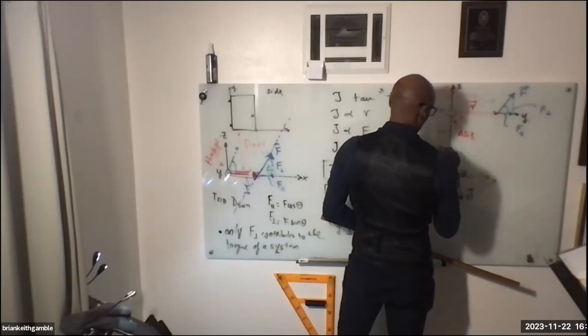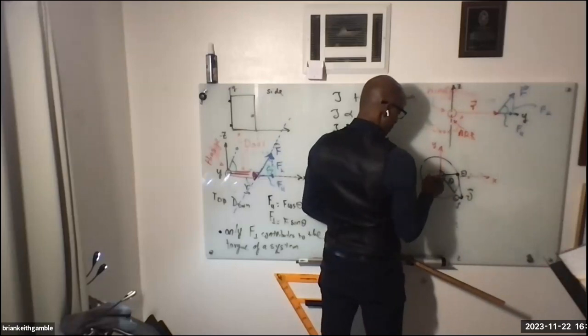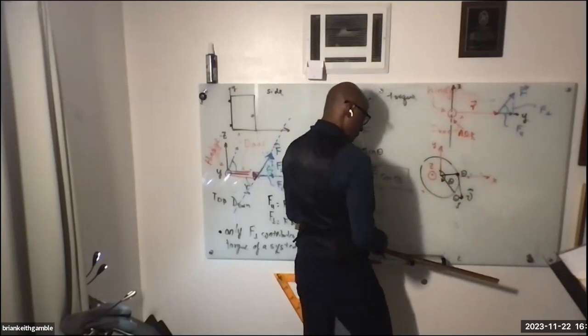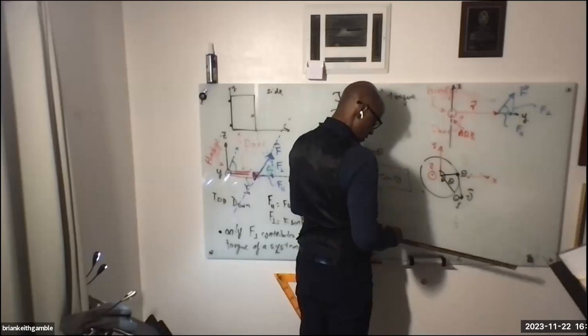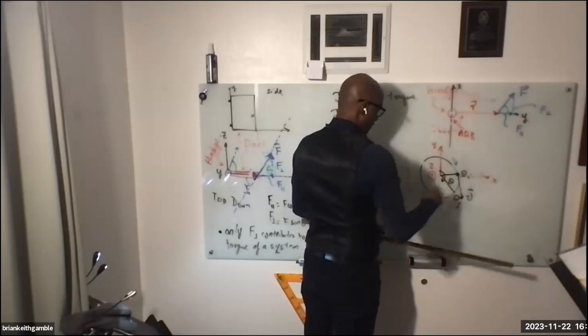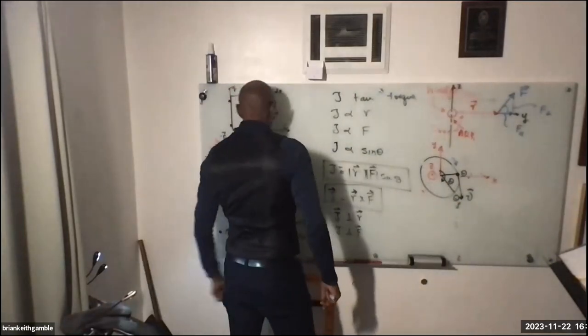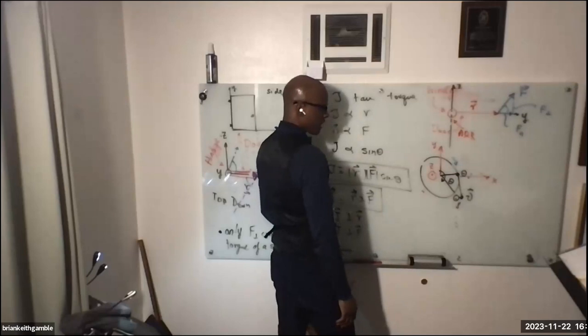X is here, Y is here, and Z is out of the board. So if I'm rotating in the counterclockwise direction, then for that scenario, the direction of the rotation would be in the negative z-axis.